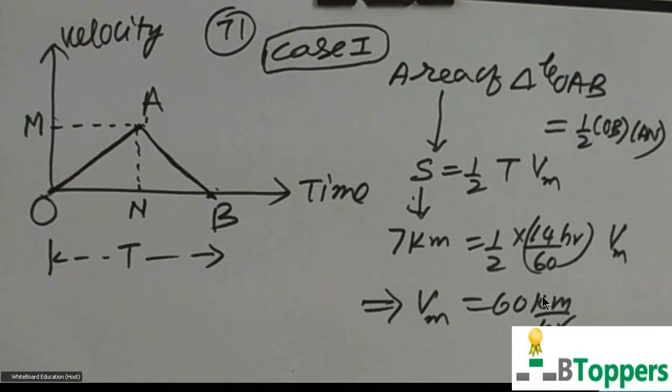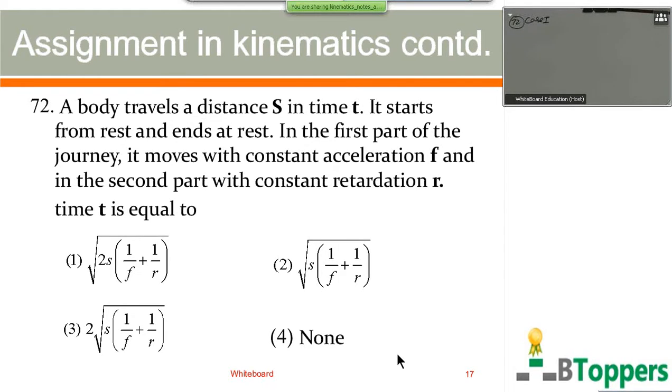Next, I would like to show you question number 72. See question number 72. This problem also comes from the same special case 1, which I discussed in velocity time graph. A body travels a distance s in time t. It starts from rest and ends at rest.